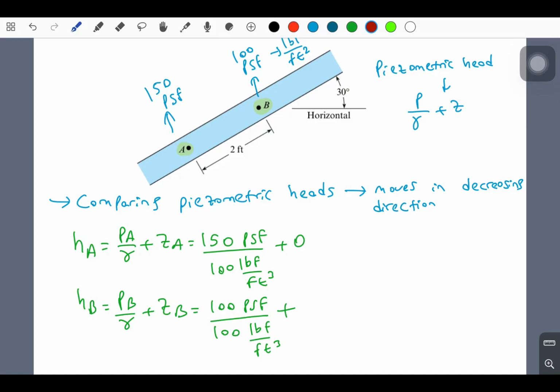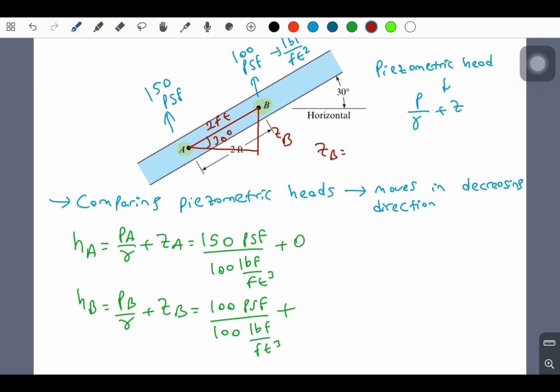And for the elevation of B, which is ZB, we are going to use trigonometry, so we cannot directly take this 2 feet because it is actually the distance between point A and B. It is not its vertical elevation, so we need to get this line's distance. We have 30 degrees here, and let's say this is ZB.